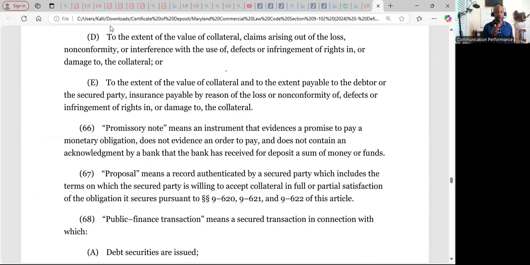Paid to the order of, and then you also make them understand that this is a full payment. Write it across the face of the note: paid in full or full payment, right?